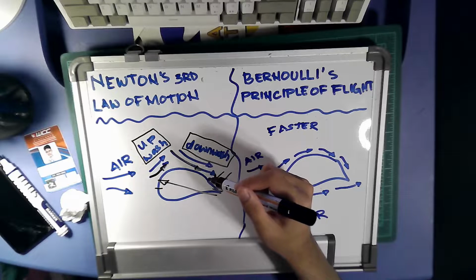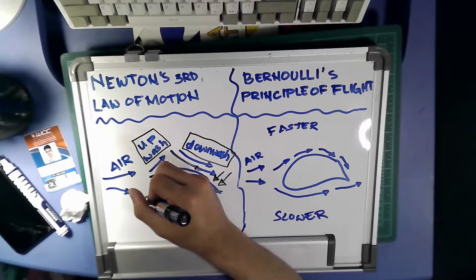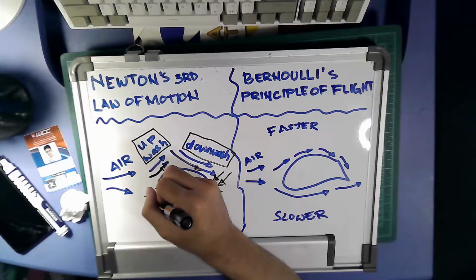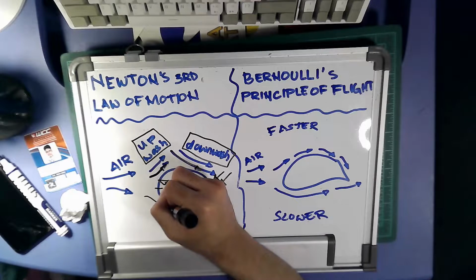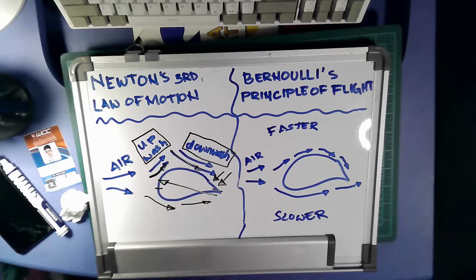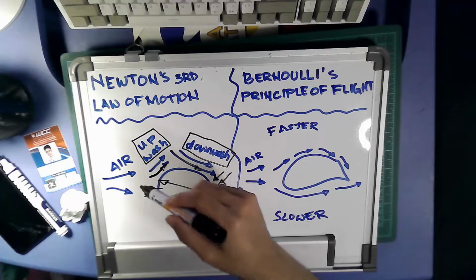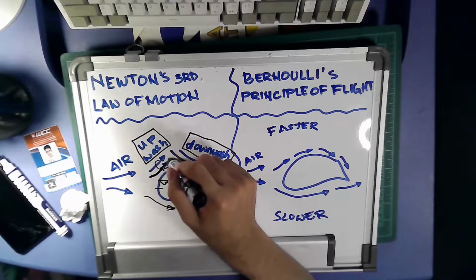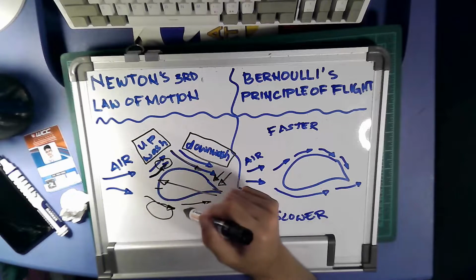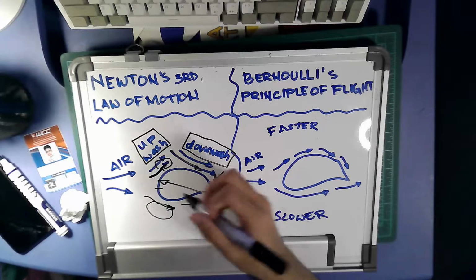Pressure is still present on the lower surface of an airfoil that prevents the downwash from pushing the airfoil down completely. This is because air is a fluid that can be manipulated. That's why there's still air that can pass through the lower surface of an airfoil. The pressure difference above here and below here now generates lift.